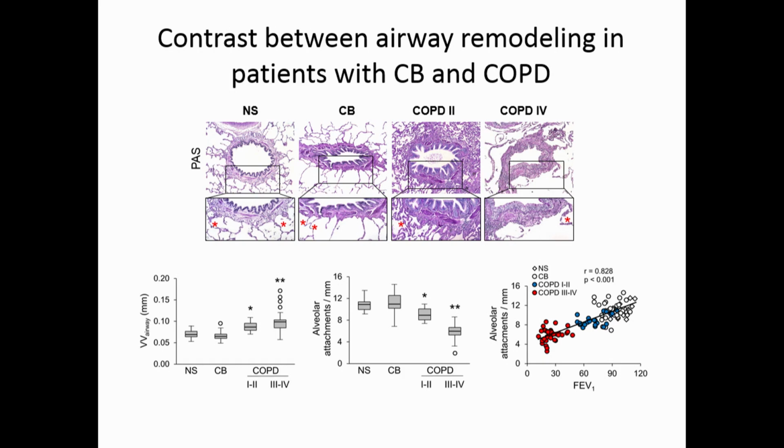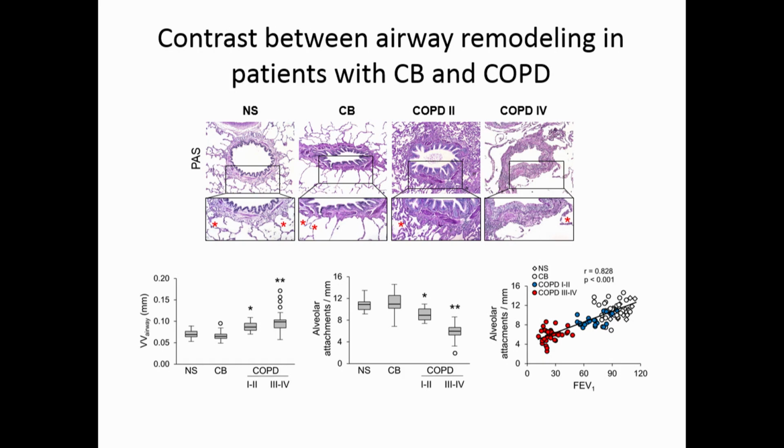So this just shows the airway wall, and you can see how these are different if you compare to the controls here. And then I'm also pointing out these are alveolar attachments where the small airways are tethered to the surrounding parenchyma, and I'm going to show you that's important in a second. So when we do this VV airway measurement, you can see again there's no difference between the constrictive bronchiolitis and the controls.